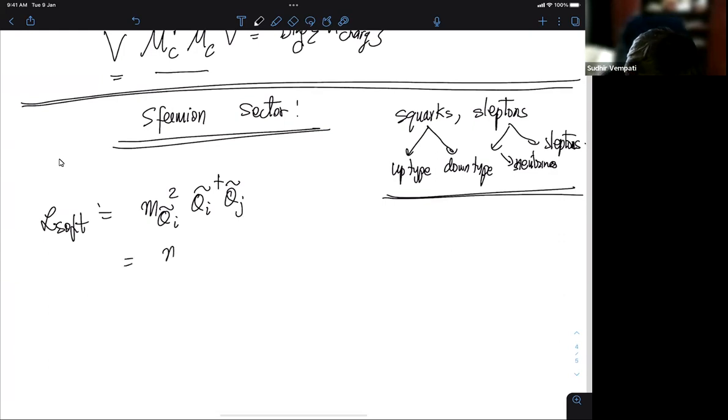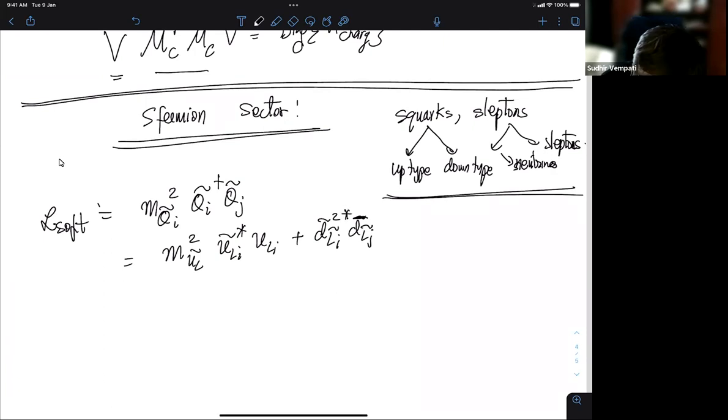This is nothing but M² ũ_Li* ũ_Lj plus d̃_Li* d̃_Lj. So both of them have the same mass, which is essentially M_Q̃². All the left-handed particles in the same multiplet have the same masses, M_Qij.